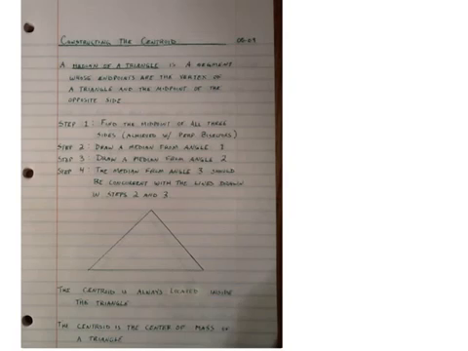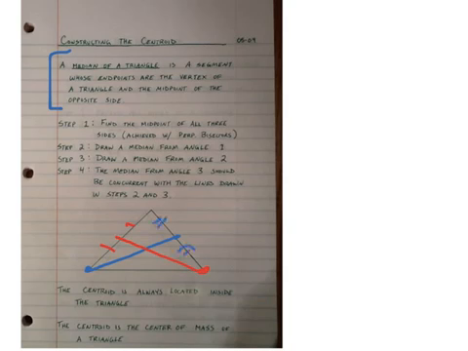Page 05-09 is how to construct the centroid. First, to construct the centroid, we need to know what the median is. And a median of a triangle is a segment whose endpoints are the vertex of a triangle and the midpoint of the opposite side. So we'd move from vertex to midpoint. We'd move from vertex to midpoint. And finally, we can move from our other vertex to our third midpoint.